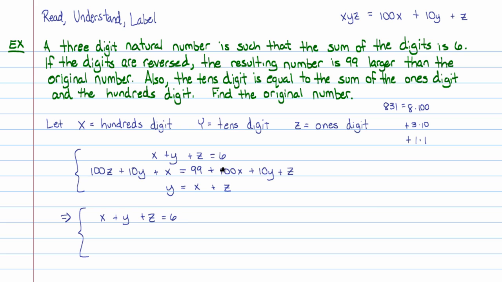Second equation, I'll move all the variable terms to the left-hand side. I'll subtract 100X from both sides, so I get a negative 99X. I'll subtract 10Y from both sides, and that disappears. I'll subtract a Z from both sides, so I have a plus 99Z, and this equals 99. Then the third equation, I'll move all the variable terms to the left-hand side as well.